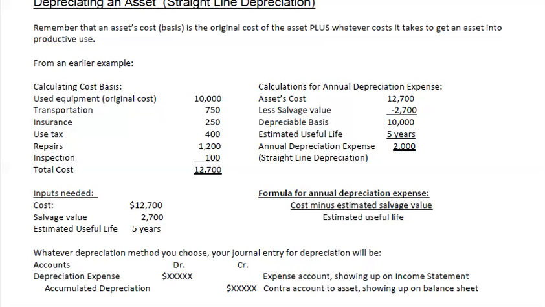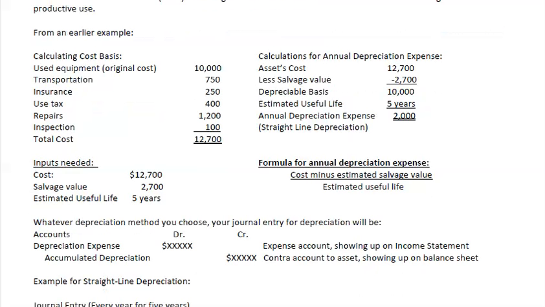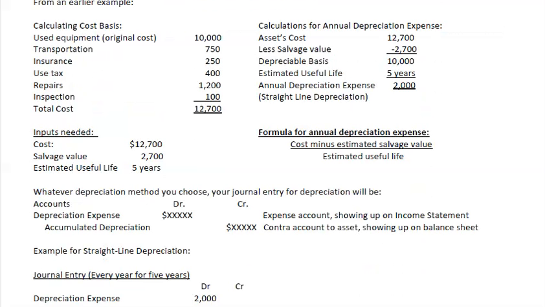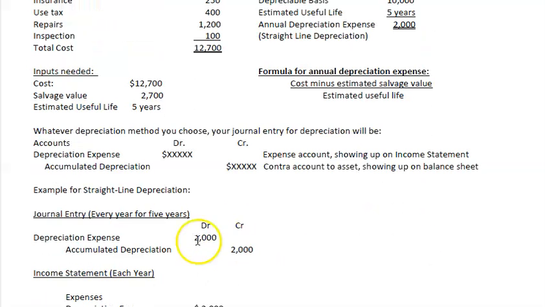Okay, so we've got annual depreciation expense using this formula: cost minus estimated salvage divided by the estimated useful life gives us our estimated depreciation each year. This is the journal entry. We debit depreciation expense. That's the annual expense going onto the income statement.